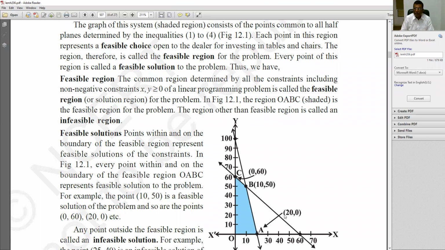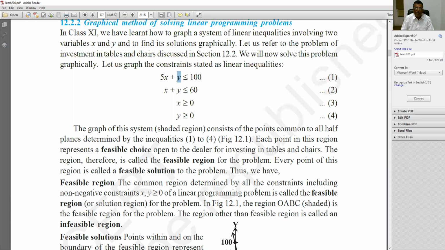See here, this is the value of x is equal to 20, and if you put here x is equal to 0, then you find y is equal to 100.